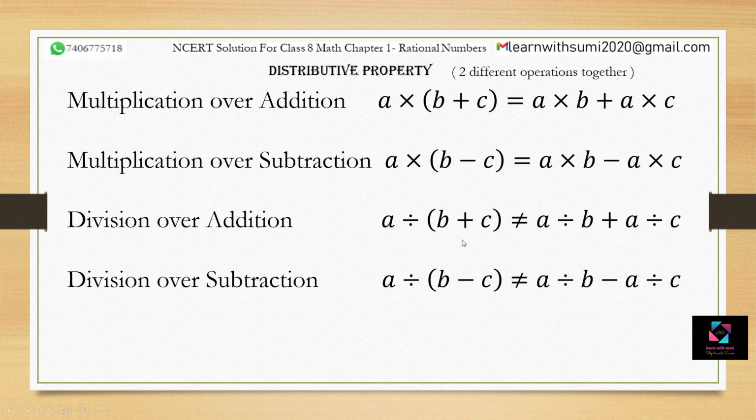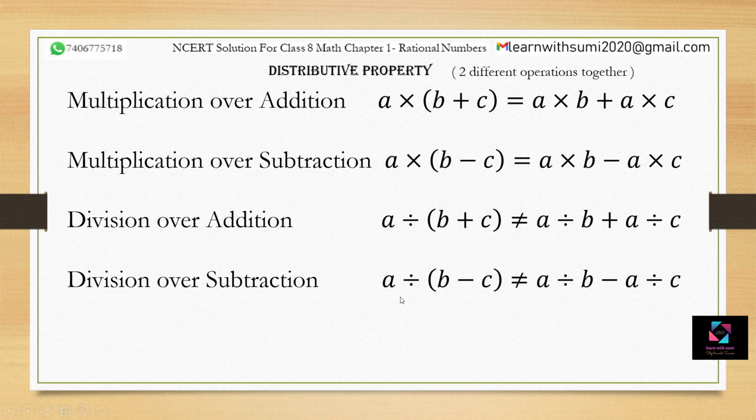Even in this equation, we are supposed to do the addition operation first, then whatever resultant we get, we have to divide with a. Then we have to perform a divided by b plus a divided by c. At last, whatever resultant you get for a divided by b and a divided by c, you are supposed to add them.